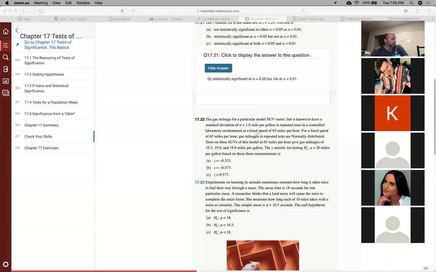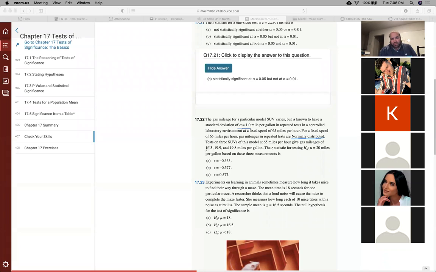So let's now do number 22. It says the gas mileage for a particular model SUV varies, but is known to have a standard deviation of sigma equals 1.0. It's normally distributed.